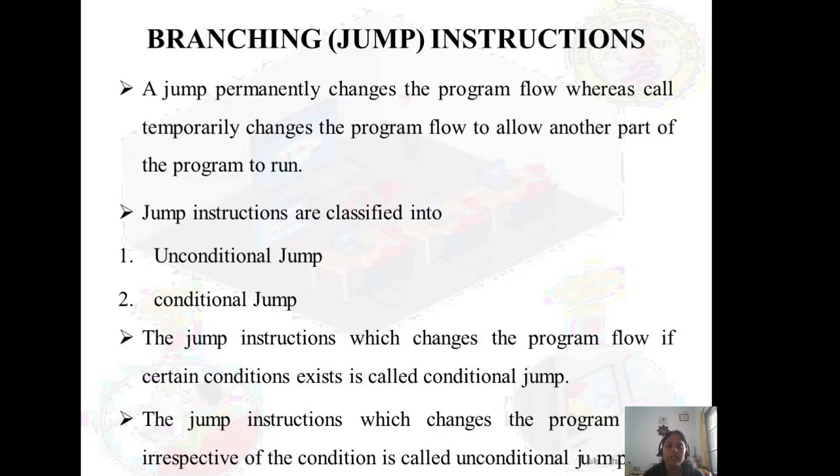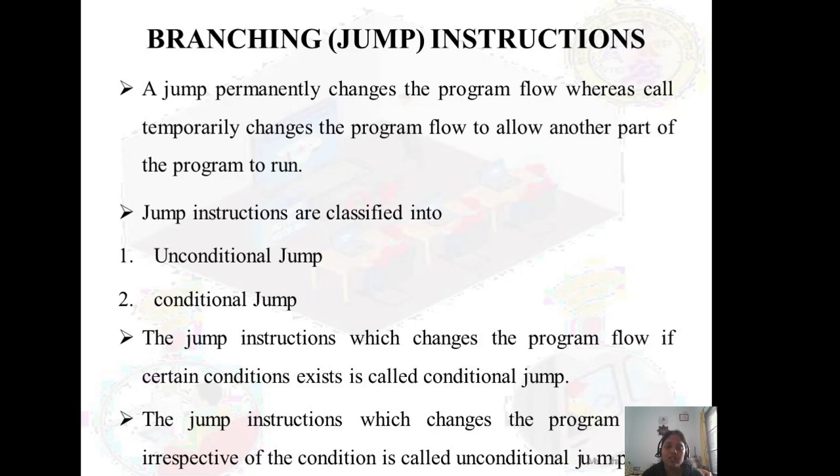Then the jump instructions are classified into two types: unconditional jump and conditional jump. What is unconditional jump? The jump instructions which change the program flow irrespective of the condition. In the unconditional jump, there won't be any condition.